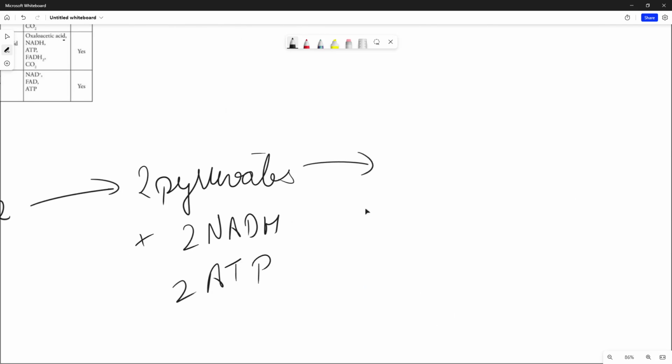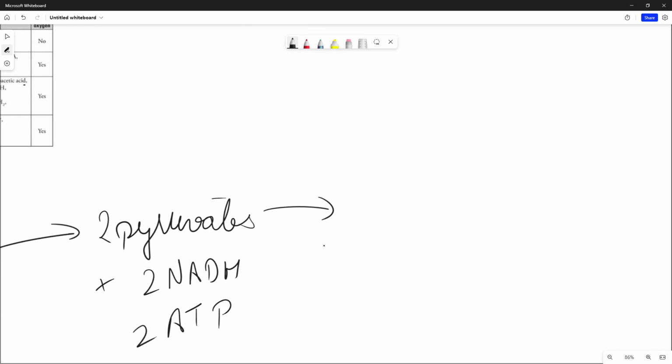Now these two pyruvate may produce ethanol if it's a yeast or some other cell: 2 ethanol plus CO2 plus 2 NAD+.